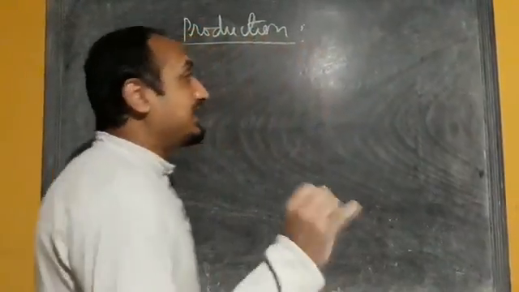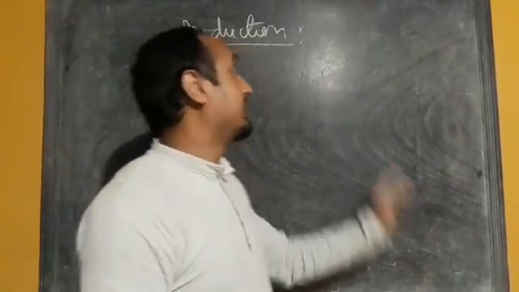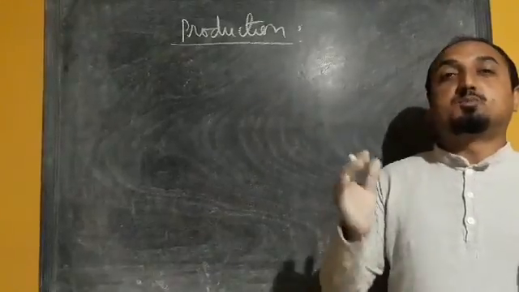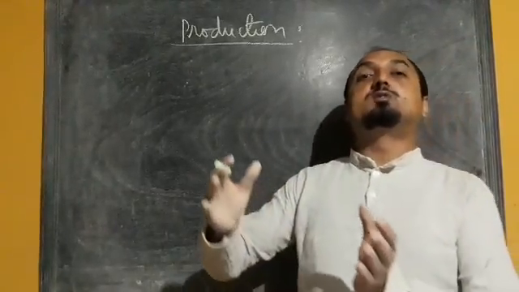Okay, now the next basic concept of economics we have is production. So how to define production? What do you mean by production? Production means the act of making goods and services.